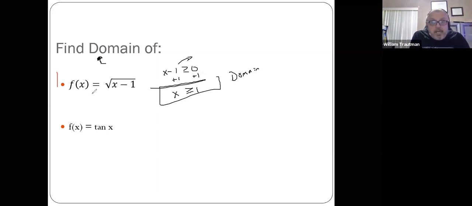If you put 0.9 in here, that's less than 1. 0.9 minus 1 is -0.1, and I get an error on my calculator. So another way of writing this, once again, x can equal 1, and it goes all the way to infinity. This is called interval notation.